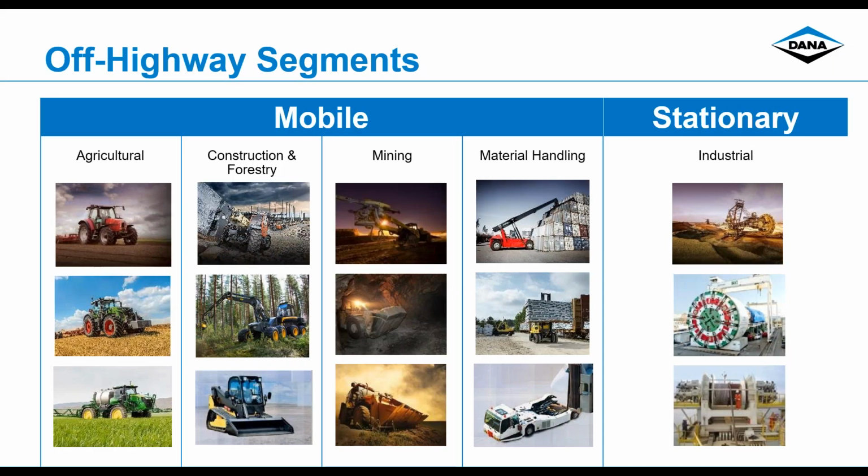If we move to the off-highway segment, we can highlight that it is divided into two main sectors, the mobile ones and the stationary ones. The stationary one is represented only by the industrial field, whereas the mobile one can be divided into four main subcategories: agricultural, construction and forestry, mining, and material handling.